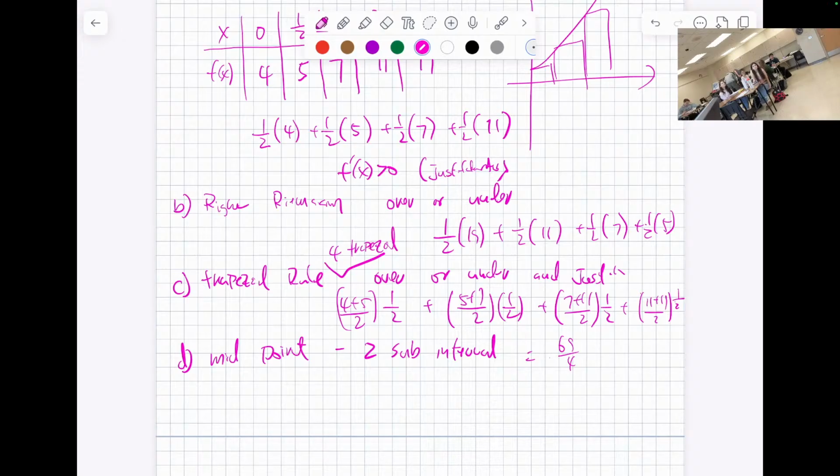I just need to add all the numbers. 4 plus 5 is 9. He added it wrong. It doesn't matter that much, but you just need to know: 4 plus 5 is 9, 9 plus 5 is 14, 14 plus 21, 21, 28, 28, 39, 39, 69 over 4.